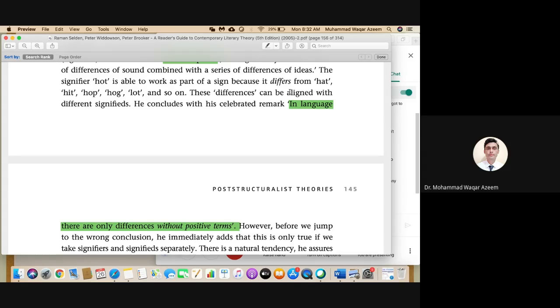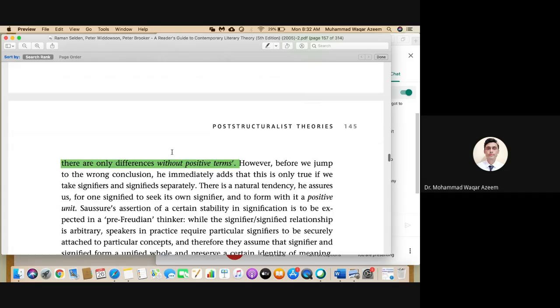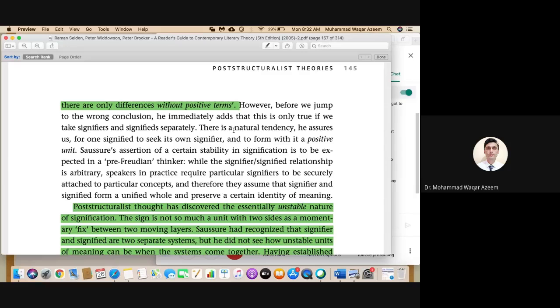Rather, as we study more of him, we realize that he also gave an indication of post-structuralism. He concludes with his celebrated remark: in language, there are only differences without positive terms.